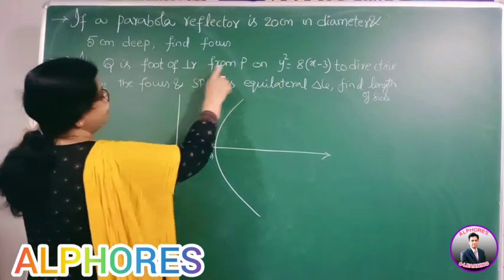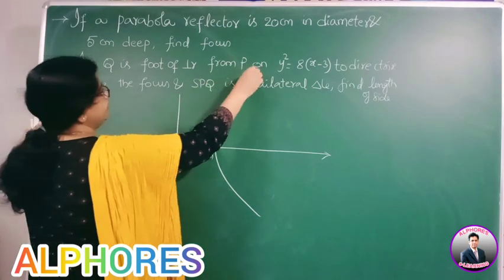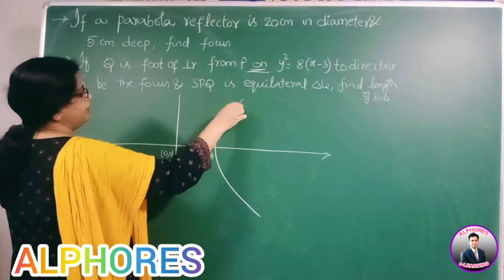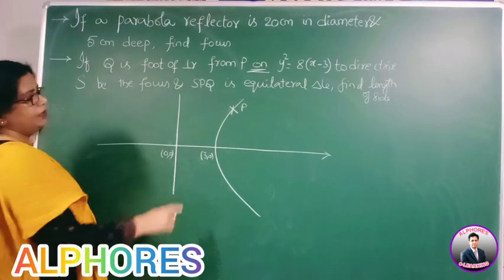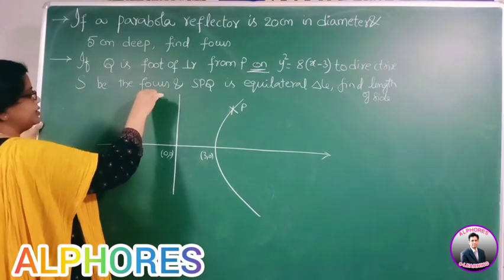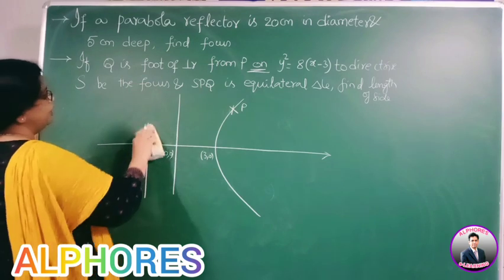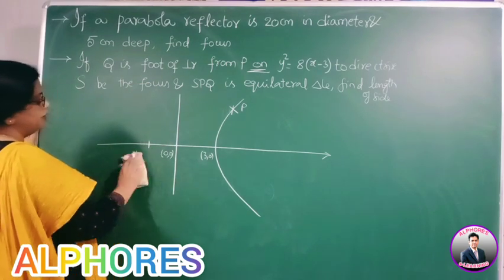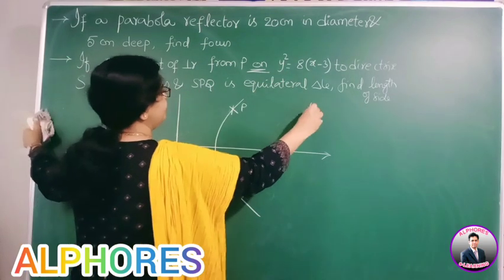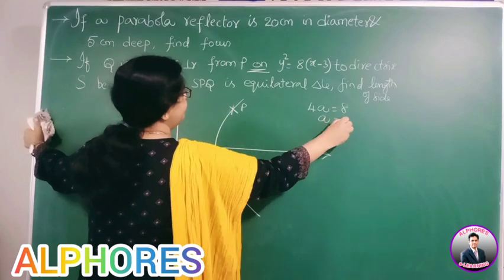Now Q is given as the foot of the perpendicular drawn from P, and P is a point on the parabola. That means if you take a point P on the parabola, and this is the directrix, let us observe what the equation of the directrix is. The 4a value equals 8, that implies a equals 2.